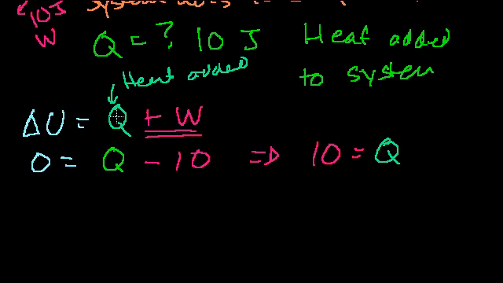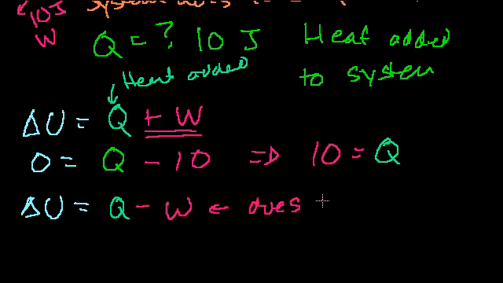I could have done this exact same thing using the other formula that you'll sometimes see. Delta U is equal to Q minus the work done by the system. And in this case, once again, change in internal energy was 0.